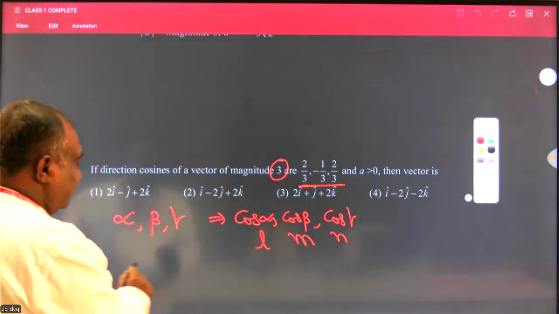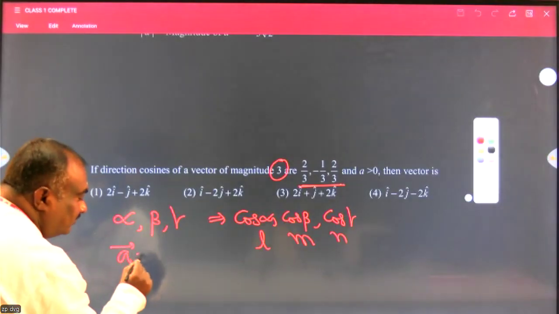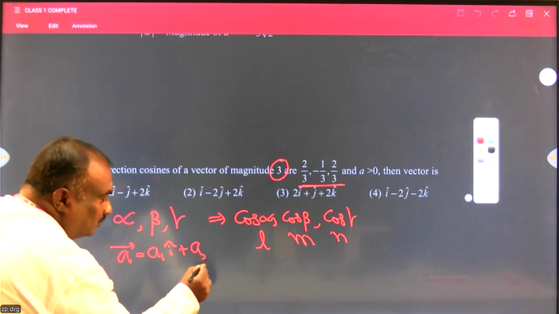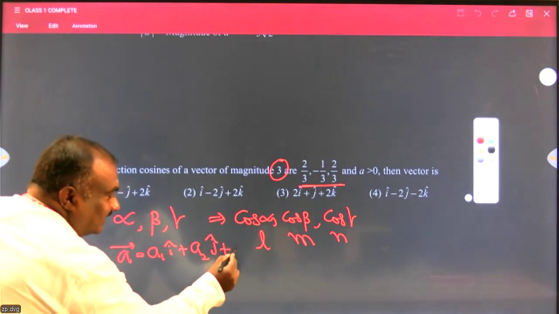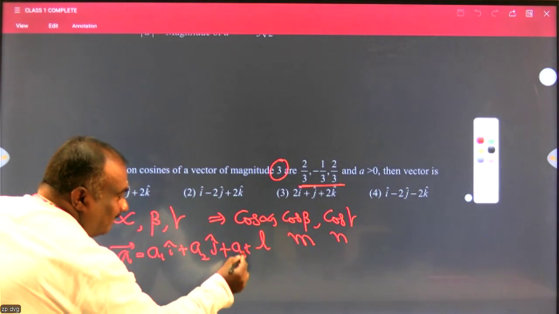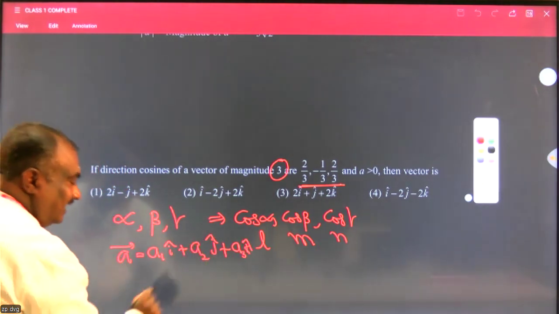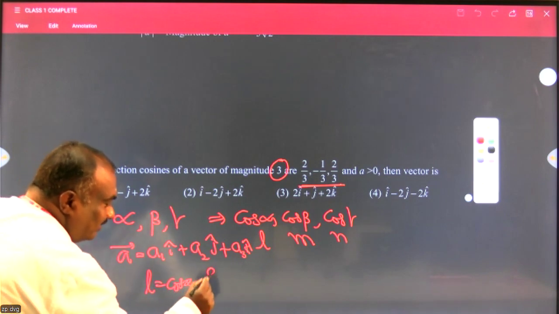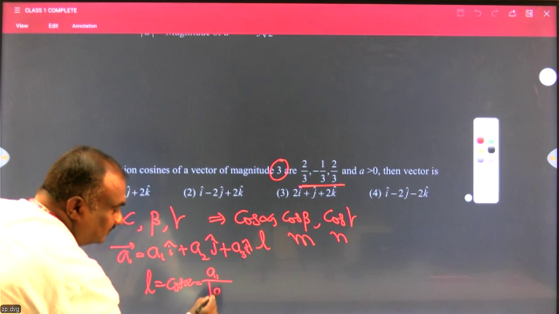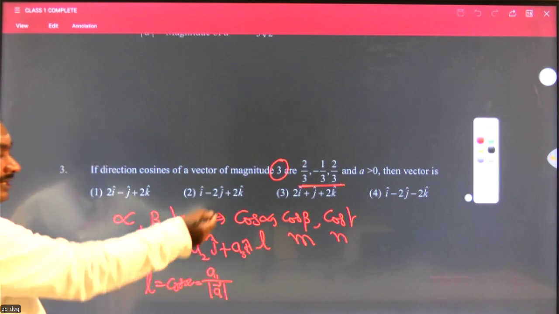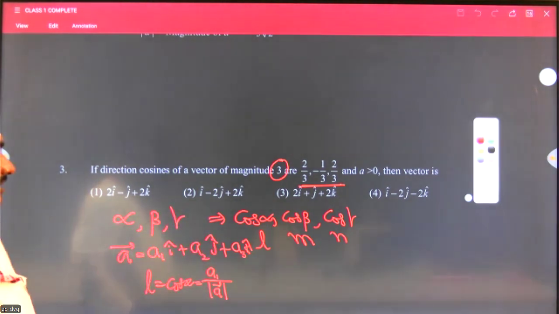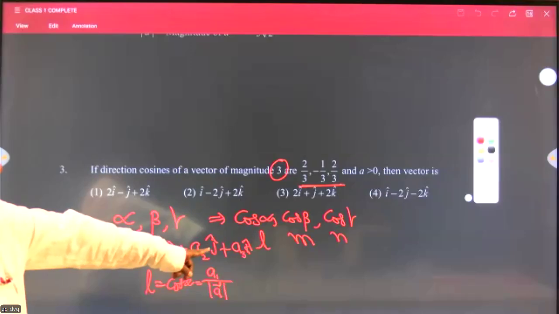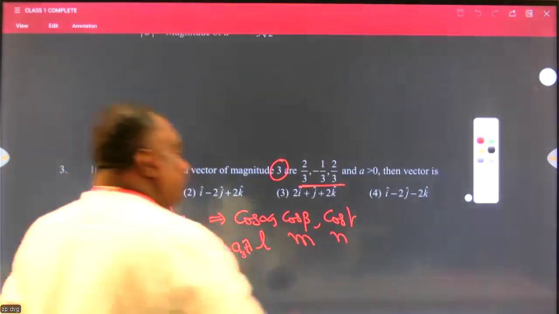How do you get them? For example, A bar is equal to A1 i cap plus A2 j cap plus A3 k cap. Now, what is L? L is equal to cos alpha, that is equal to A1 by modulus of A bar. Similarly, M is equal to cos beta, that is A2 by modulus A bar. Similarly, A3 by modulus A bar is equal to cos gamma.